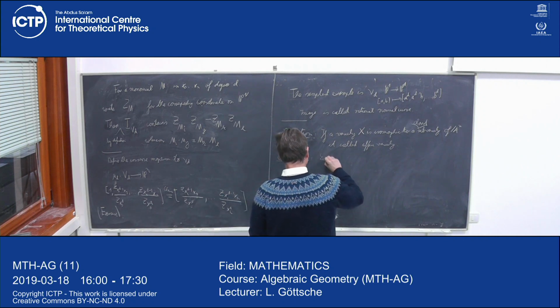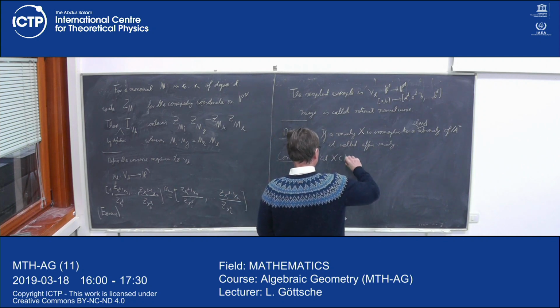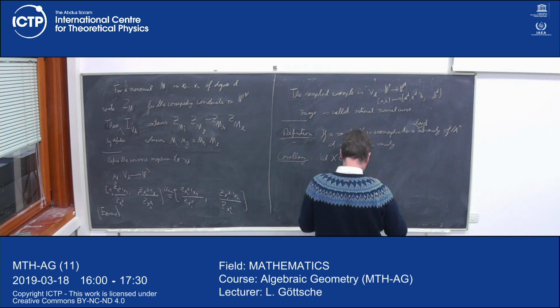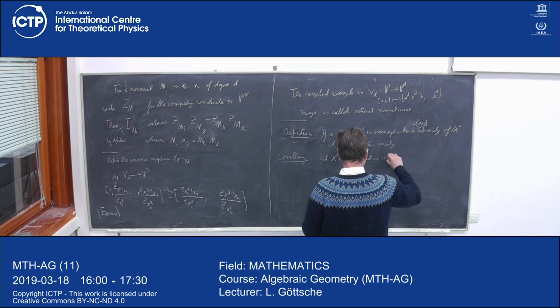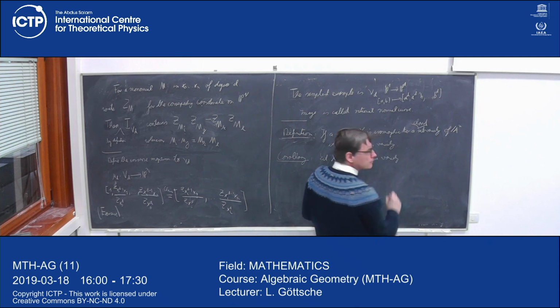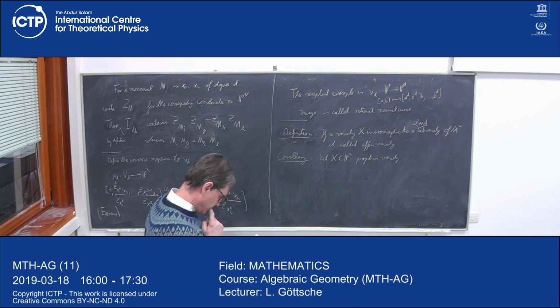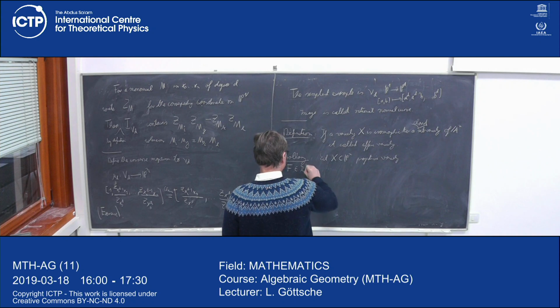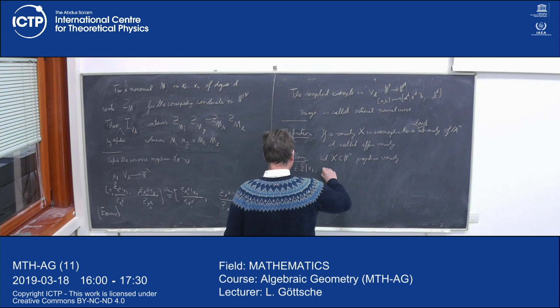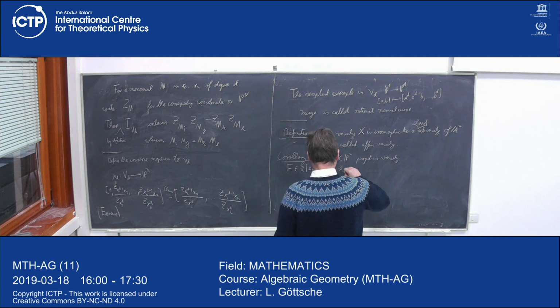Let X in P^n be a projective variety. We take F, a homogeneous polynomial in the coordinates there of degree d.